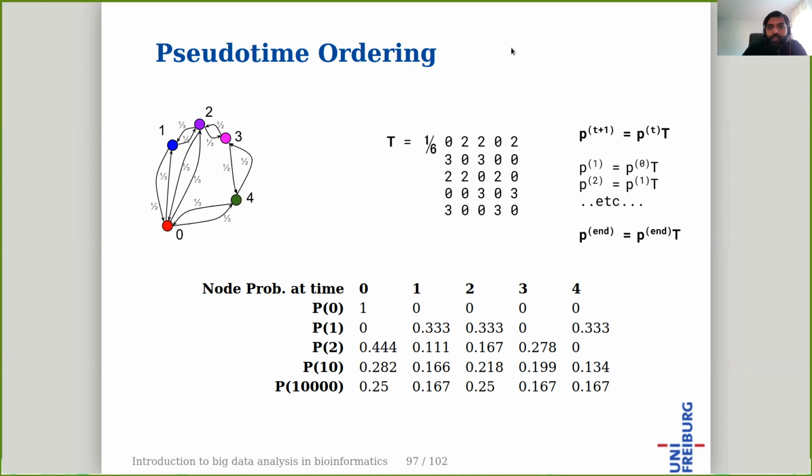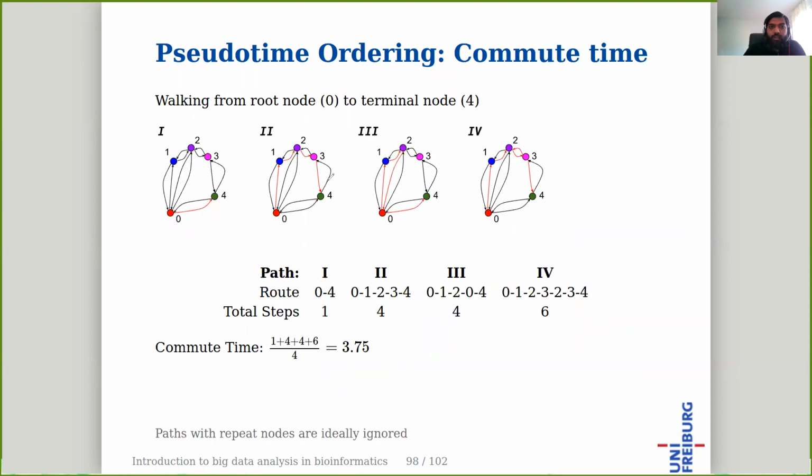So we start with 0. Now we compute the so-called commute time. The commute time is calculated from the routes by which you can reach one node from another node. So we are trying to commute from 0 to 4 first.